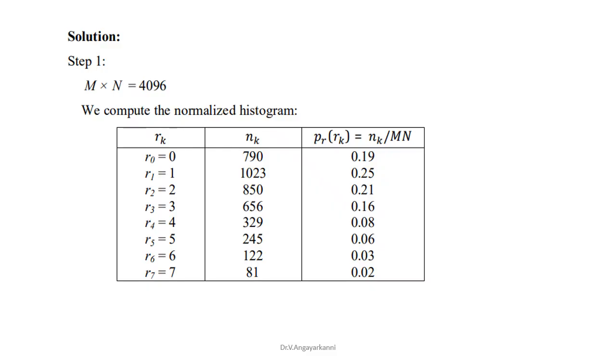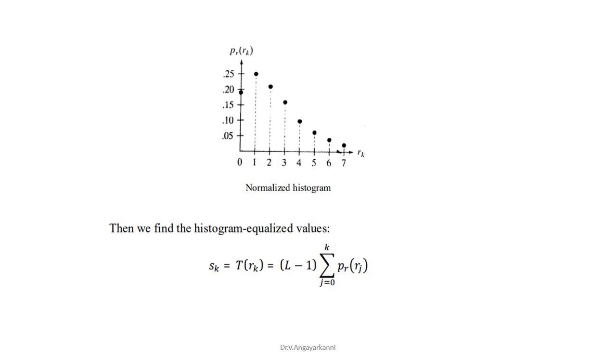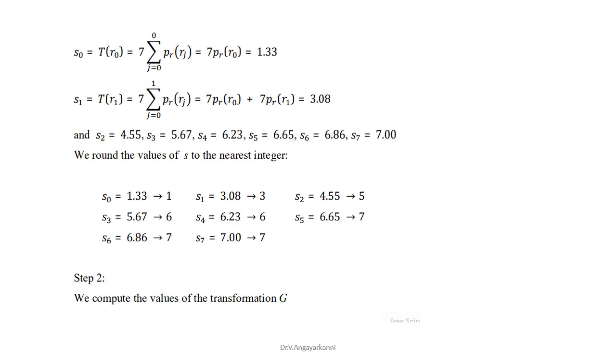Here all the pixel values and their corresponding nk are listed, and we calculate the probability as explained in the earlier slide: the number of pixels with that intensity value divided by the total number of pixels. Then the normalized histogram is redrawn, and we find the histogram equalized values using the formula s is equal to T of r, that is s equal to (L minus 1) times the summation of probability of r.